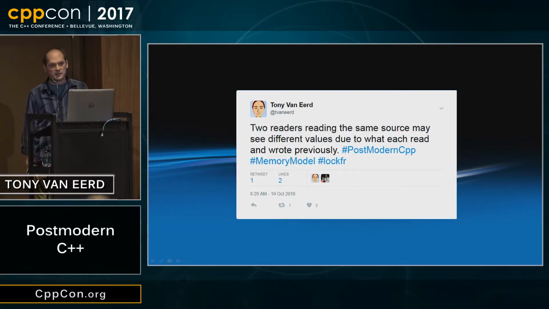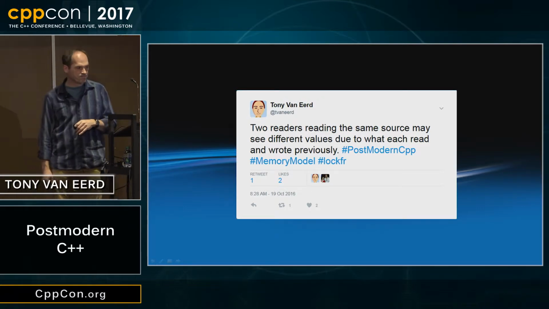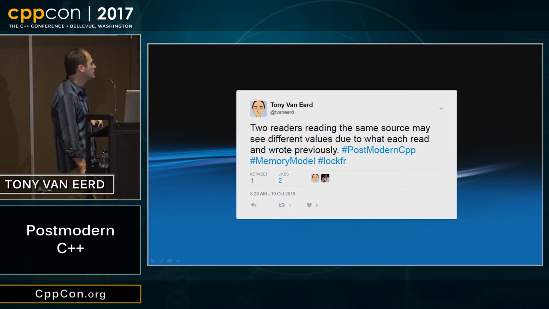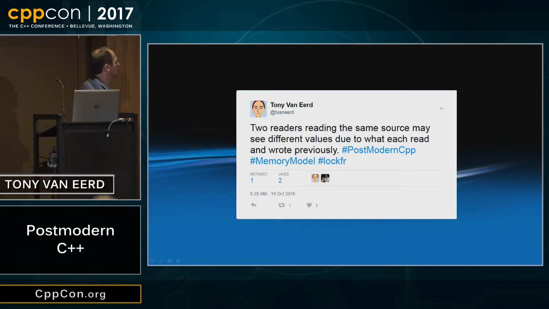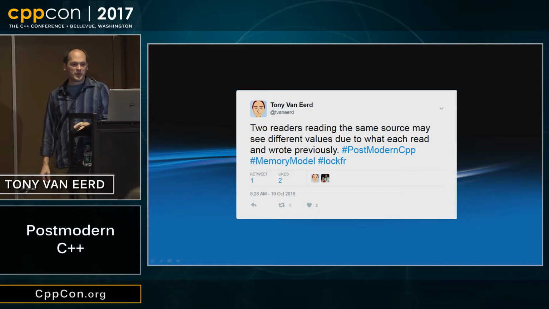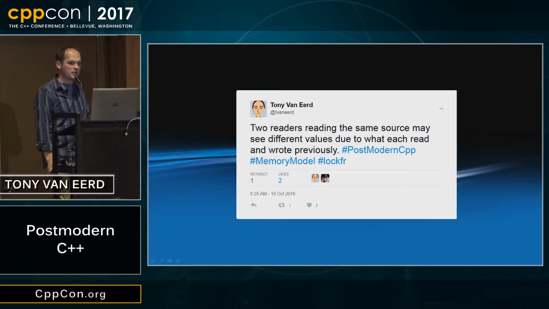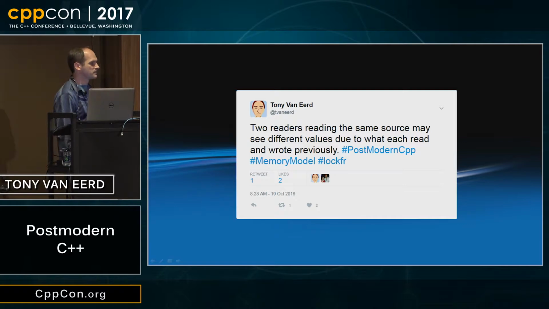This to me is the epitome of postmodern tweets by me. "Two readers reading the same source may see different values due to what each read and wrote previously." So if I'm an English major, source is some text, and how it is interpreted is based on the reader's context.